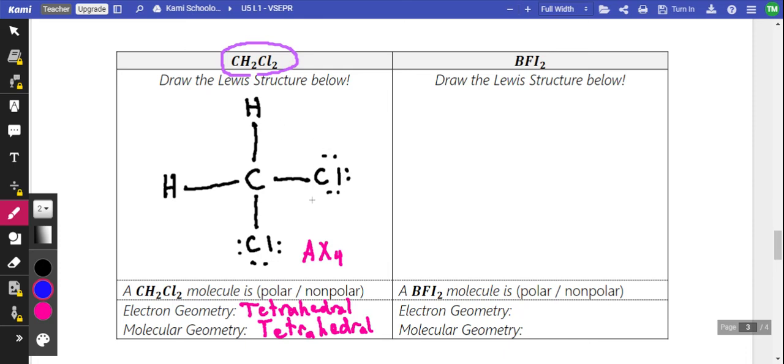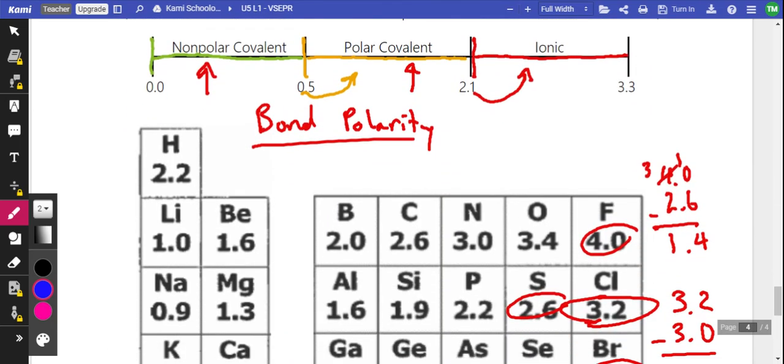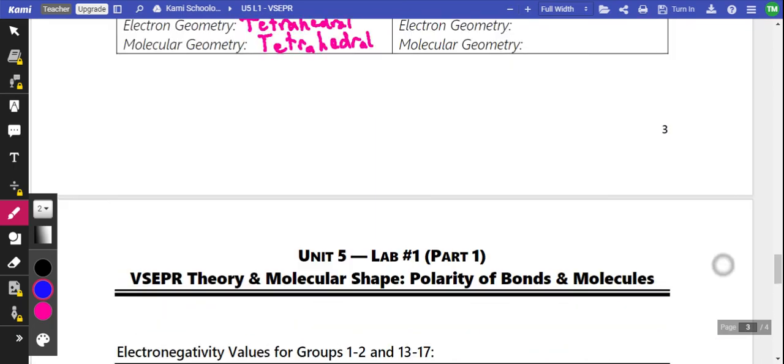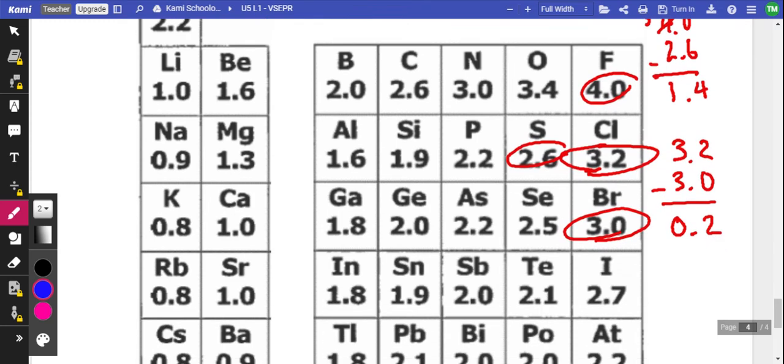Hydrogen and chlorine are going to have a different electronegativity, or at least they're very likely to. There are a few elements that have a very similar or the same electronegativity, but in this case, this is not. We can go and double check if we want. Hydrogen has a 2.2, and let's see, Cl has a 3.2.